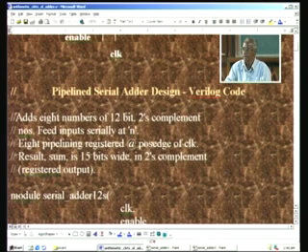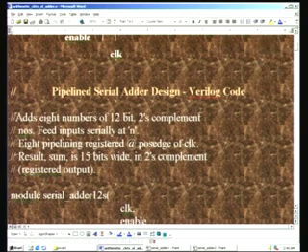We will cover this 2's complement in greater depth when we take up the concurrent adder. The goal is to add 8 numbers, 12 bits each, and it is signed, and you have to feed the inputs serially at the n input that we have seen earlier.